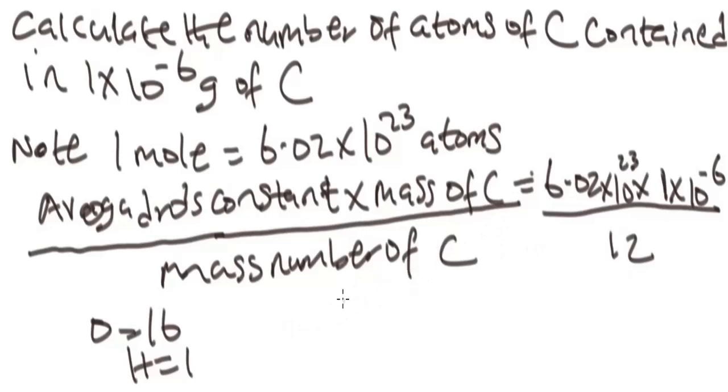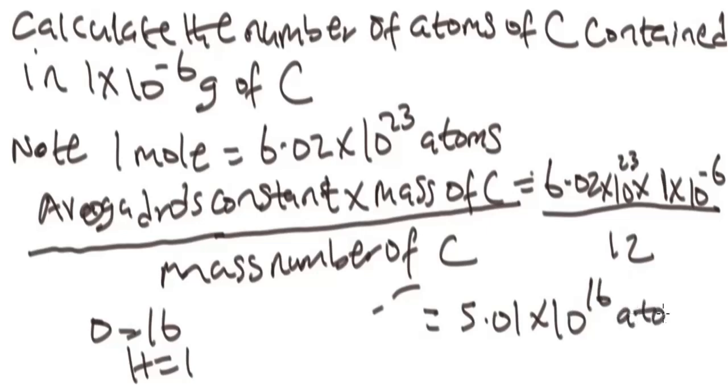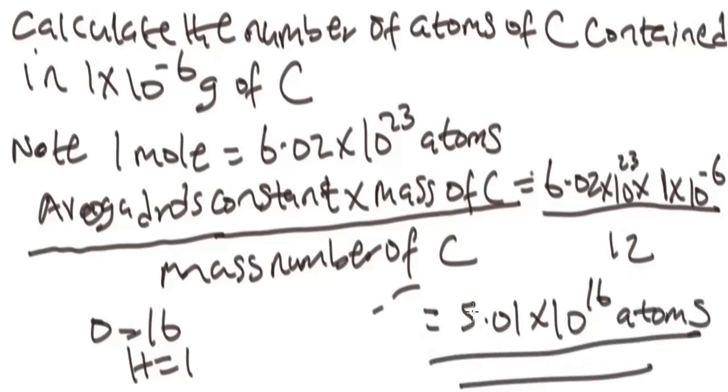So let me use my calculator, and that will be our result. We get the number of atoms. So I have it to be 5.01 times 10 to the power 16 atoms. So that will be the value to this question.